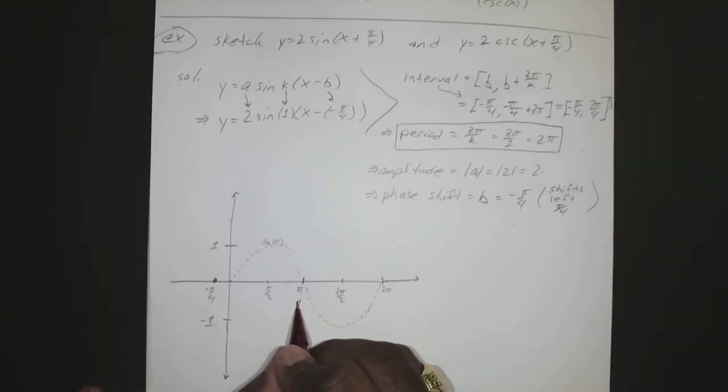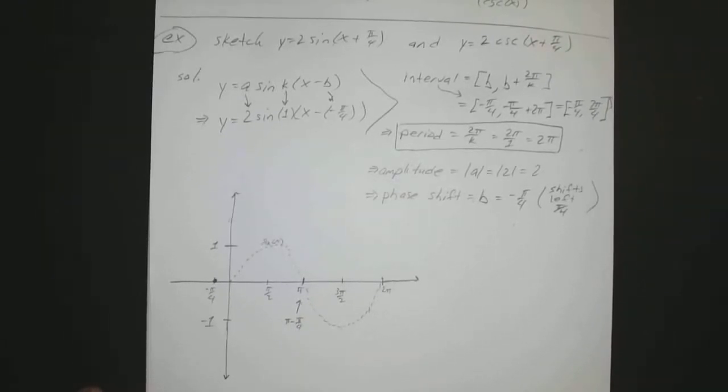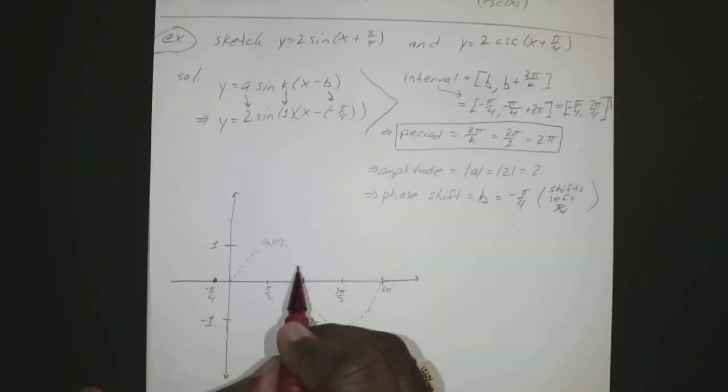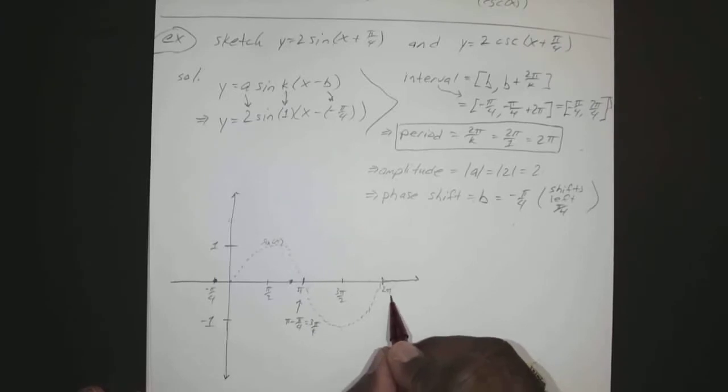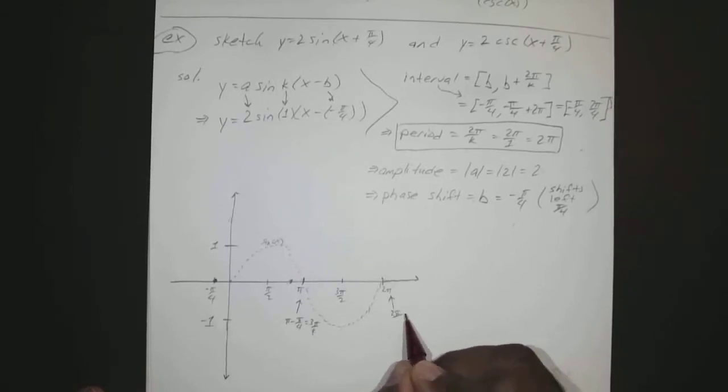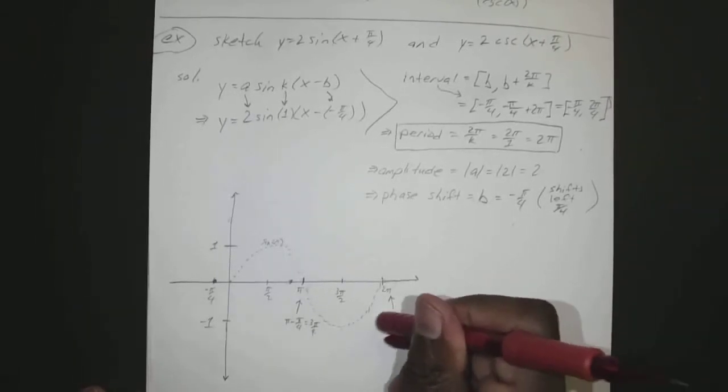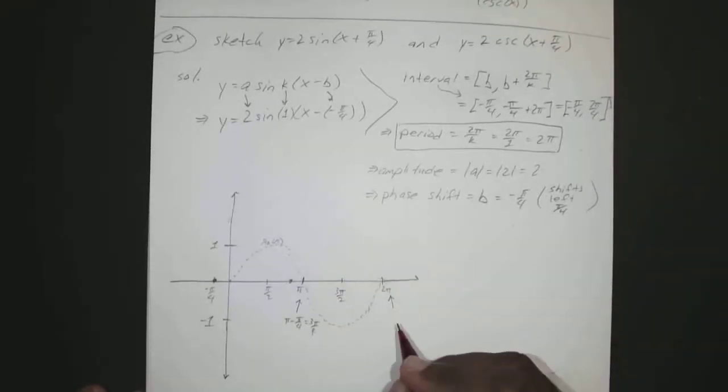So we know that pi minus pi over 4 is equal to 3 pi over 4. So this is actually going to shift here to 3 pi over 4. And this is going to shift here because 2 pi minus pi over 4 is 7 pi over 4.